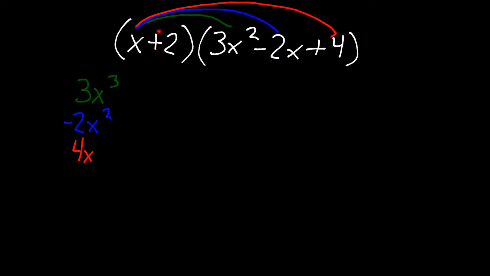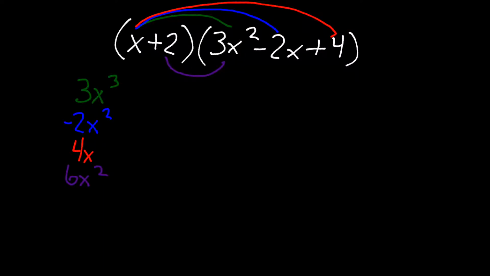Now, what do you think is going to happen with this 2? Hopefully you say we're going to take this 2 and do the exact same thing as we did with the x. This 2 is going to multiply by each term inside the trinomial. So first we'll have 2 times 3x squared, that's going to give me 6x squared.